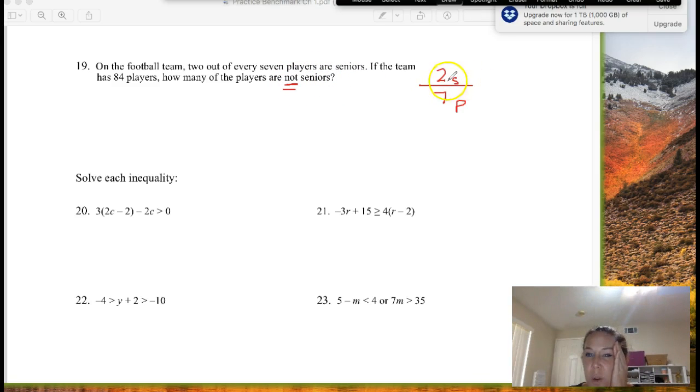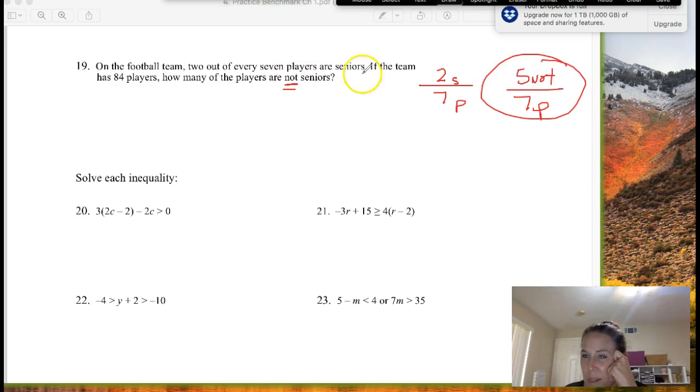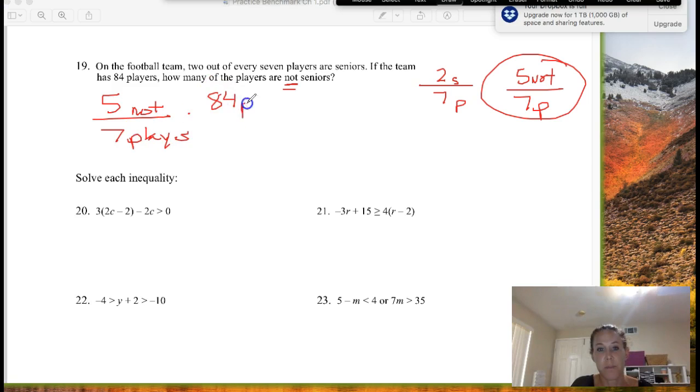What's the ratio? Well, if 2 out of every 7 are seniors, we're going to find how many are left. 7 minus 2 is 5. There's 5 that are not seniors. 5 not seniors out of 7 players. This is the ratio we actually care about because that's what we're looking for, not seniors. So we can go 5 not seniors, we'll call them 5 nots, out of 7 players, and then multiply it by 84 players.